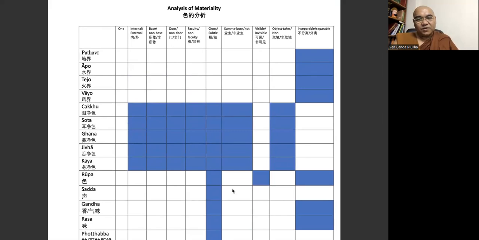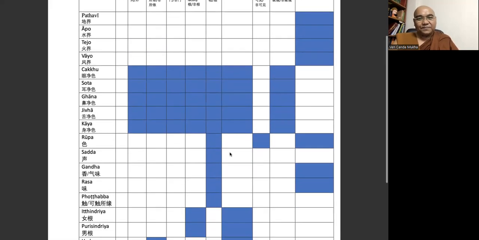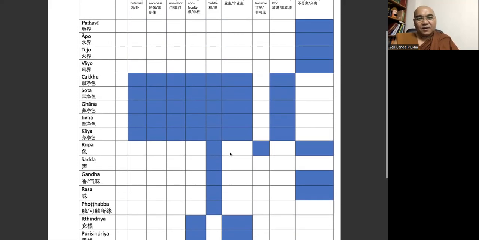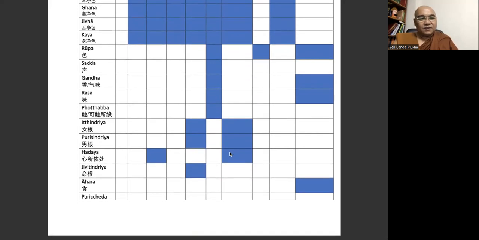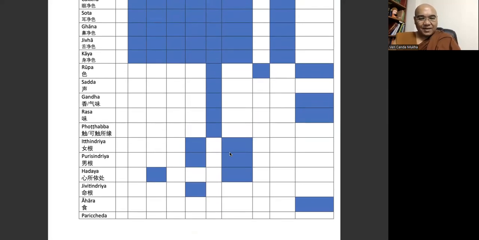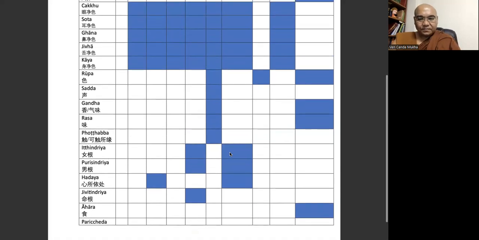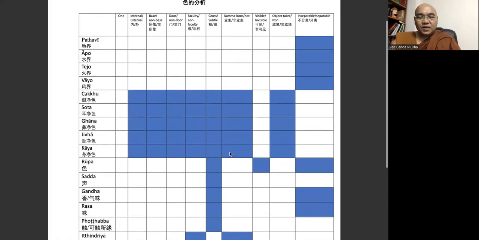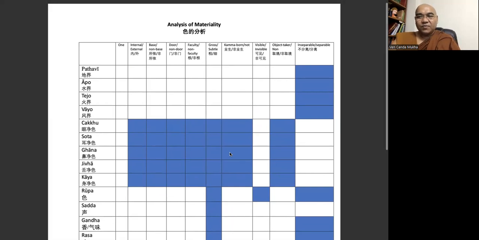Pasada, bhava, jivita sankhata. Indriya rupa is also the same; they are not different from the Indriya rupa. So here are the karma born matters, kammaja upadinna rupa.